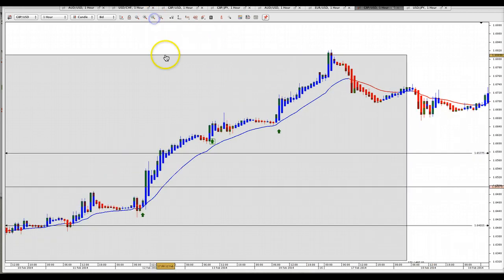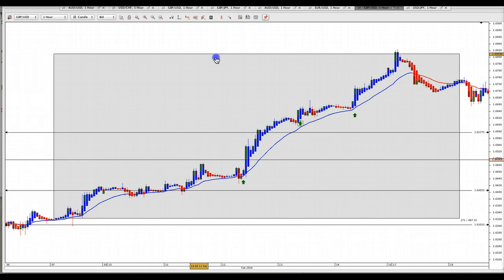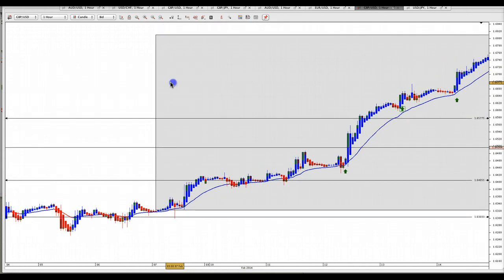Okay, so I would suggest just going back in history and looking at these trade setups.